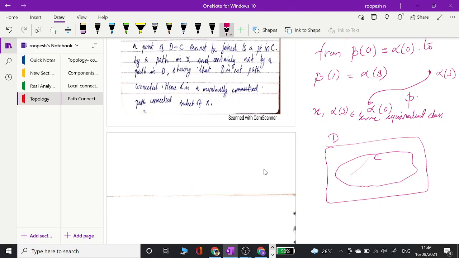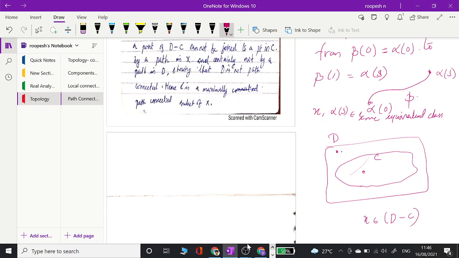Now if I am taking a point over here, that is, a point in D but not in C, that is, a point X belonging to D minus C, now I cannot find a path connecting a point over here to here, right?